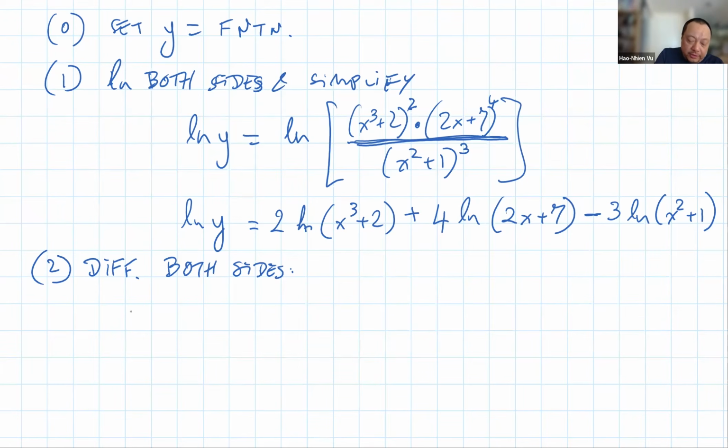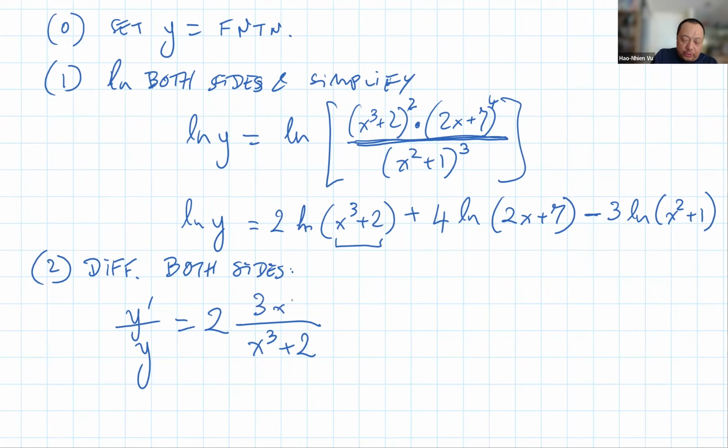So on the left, the derivative is y prime over y equals 2 times 1 over x cubed plus 2 times the derivative of the inside because of the chain rule. So times the derivative of x cubed plus 2, that's 3x squared. Plus 4 times derivative of this is 1 over that, and by the chain rule times the derivative of the inside, the derivative of 2x plus 7 is a 2.